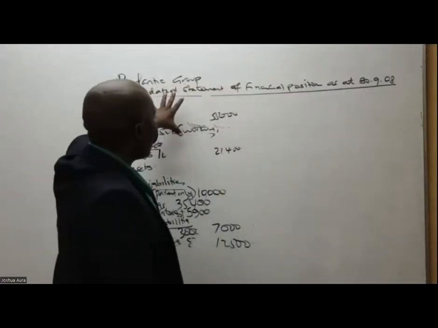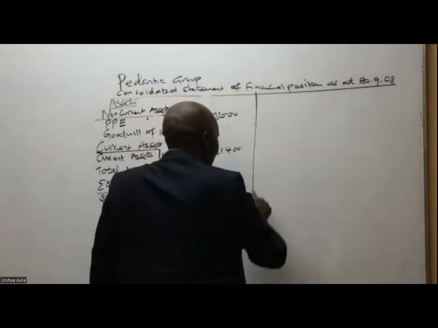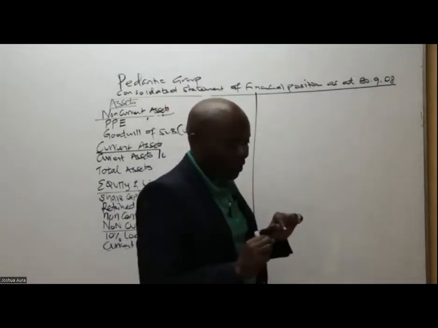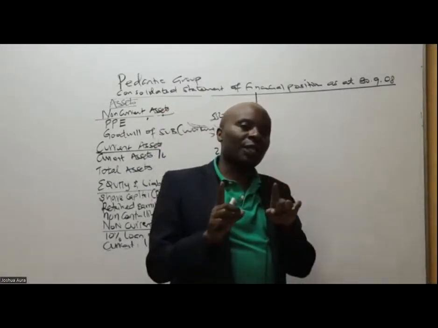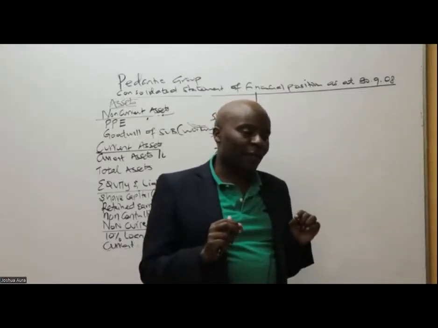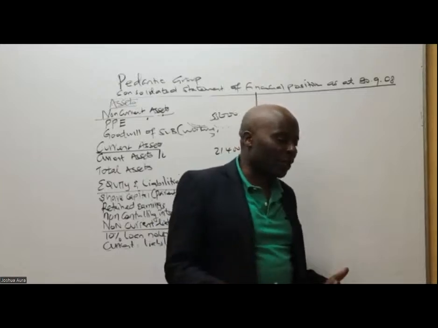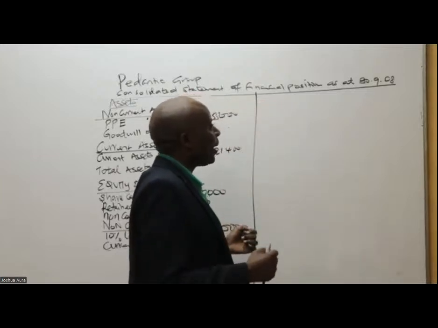So after I have done all this, the next thing I will look at critically is my subsidiary. These subsidiaries that I acquired, was it really worth it, or did I waste my resources? And how do I assess the criticality of my subsidiary?